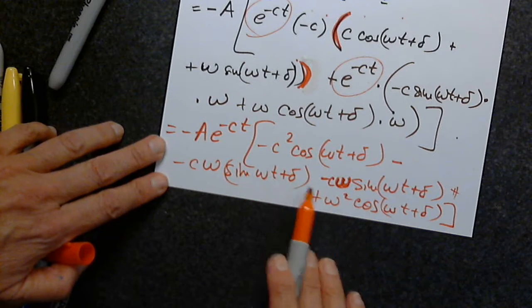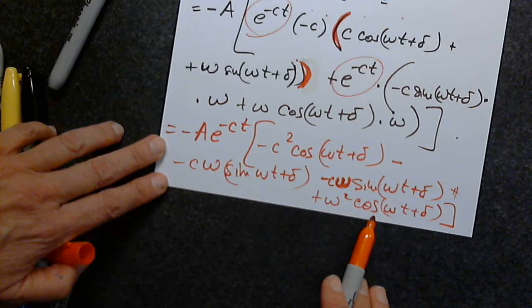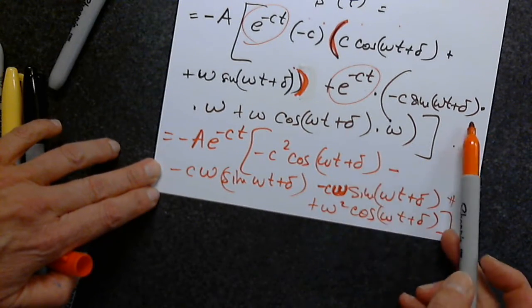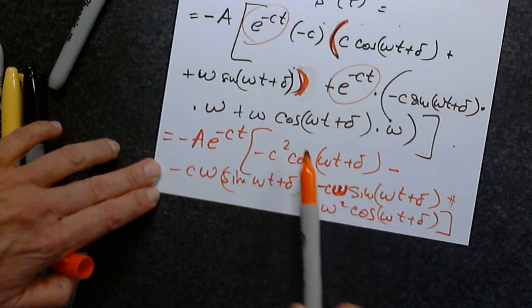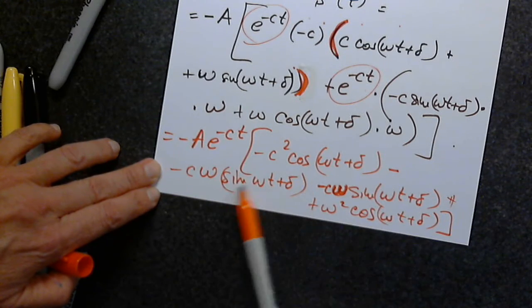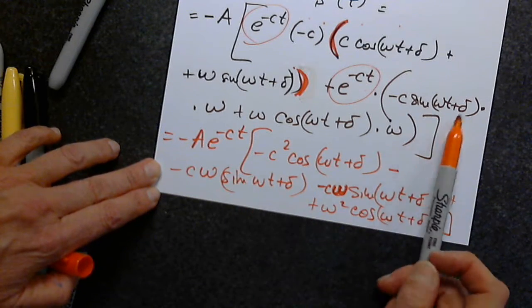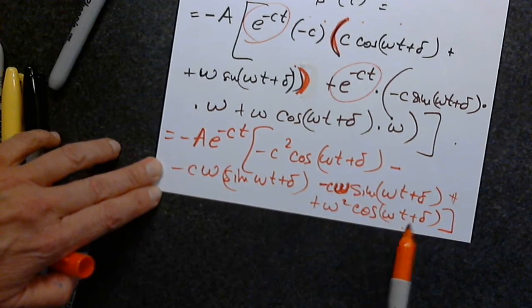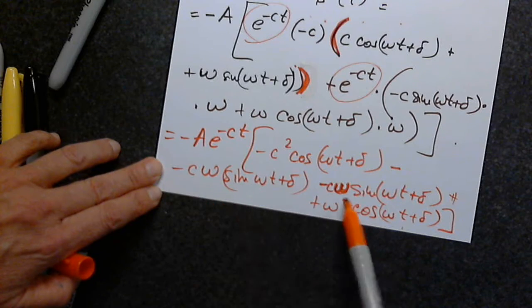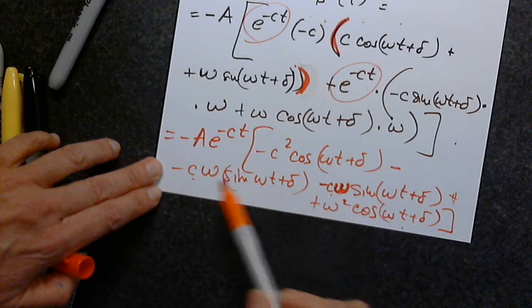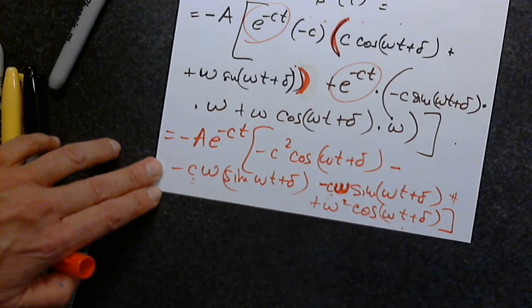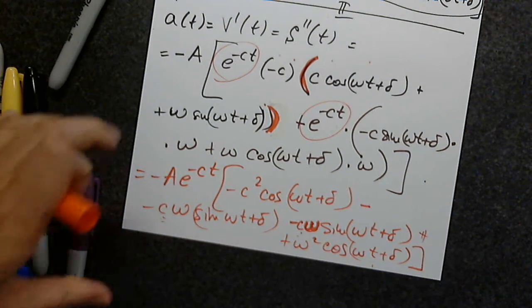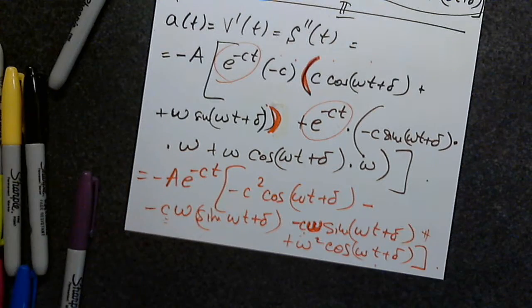I have cosine, sine, and this is cosine. The first one was cosine, this was sine, and this is cosine. So the only thing I can do is combine these two into negative 2c omega, and pull out another negative. But that's good enough. I'm happy with this.